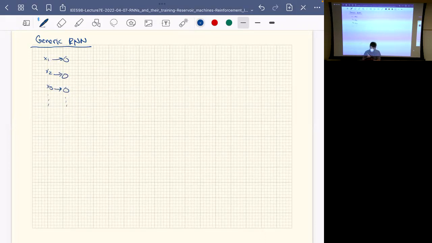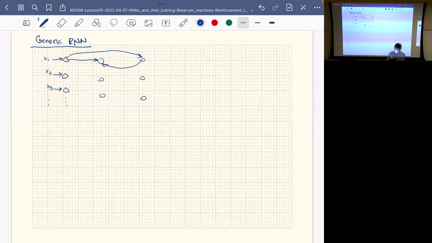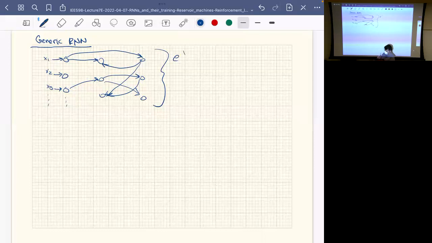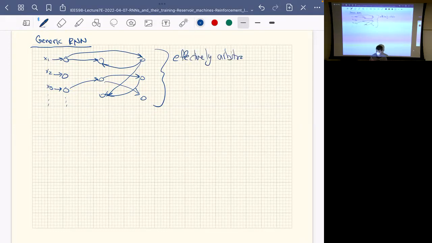At that point, I might draw these as layers, but really it's hard to separate them into layers, because any one of these could go here, it could go back here, these could go back here. There could be all sorts of feedbacks that make it difficult to figure out what the right sequencing is. So it's effectively arbitrary connections between latent variables.